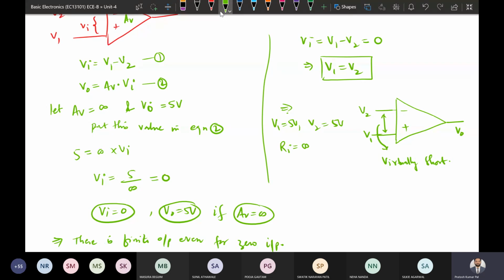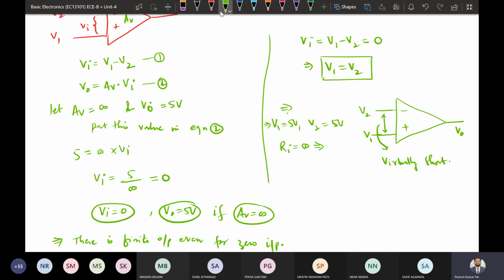So if input resistance is infinity, then V1 and V2 will be like an open circuit. It is considered to be an open circuit. So in this case we have V1 equals 5 volt and V2 equals 5 volt.